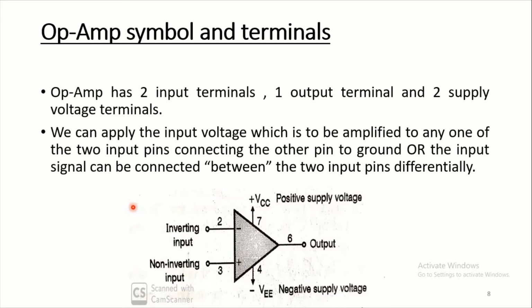In the second type, the minus point is connected to the ground and the plus is given the supply, and in the third type we give supply to both terminals. Means here we connect V1 supply, here we connect V2 supply. So the difference between these two terminals, V1 minus V2 or V2 minus V1, means VD, is to be amplified by this op-amp.